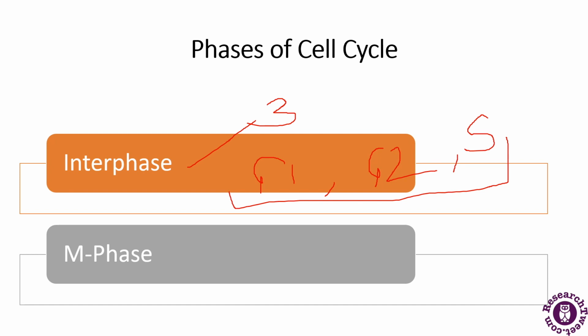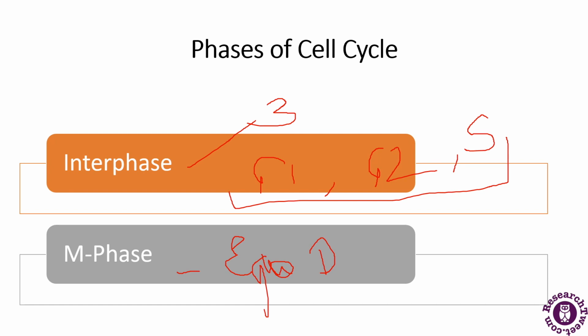Next is the M phase. The M phase is the mitotic phase or the phase of the equational division, as the cell here undergoes complete reorganization to give birth to a progeny that has the same number of chromosomes as the parent cell.